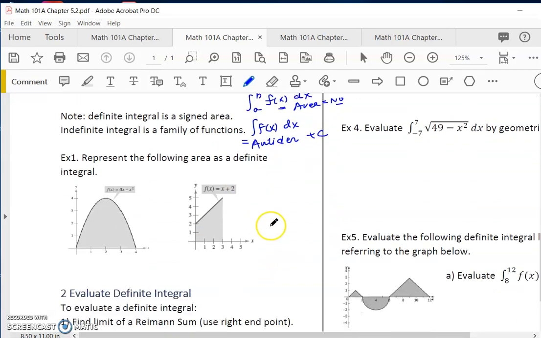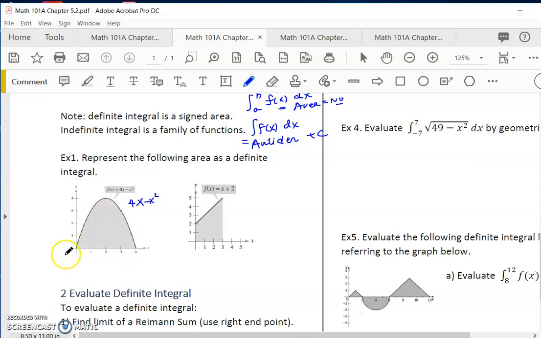From now on, whenever we want to find area, we can write a definite integral to represent it. This function is f of x equals 4x minus x squared, and this shaded area, how can you write it?